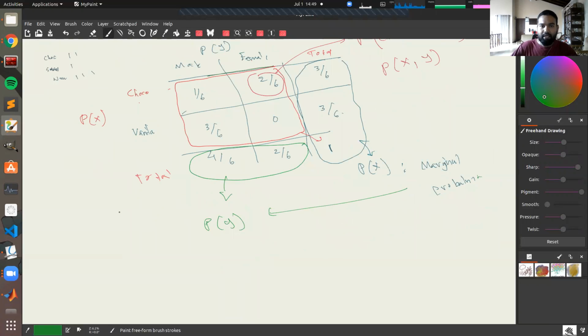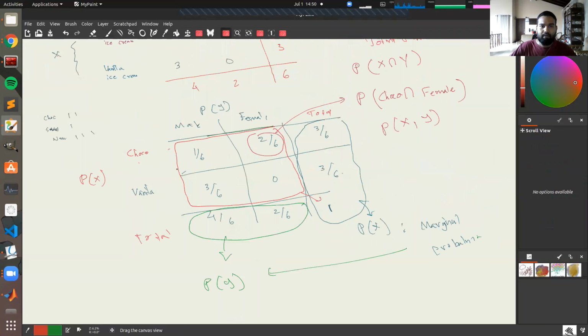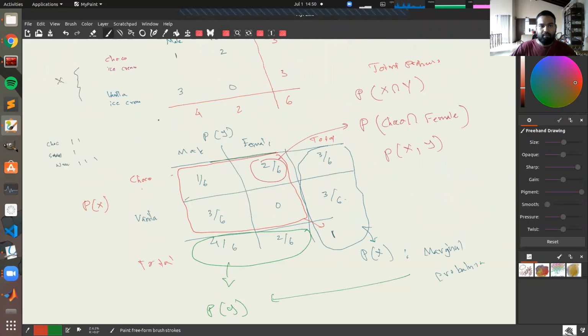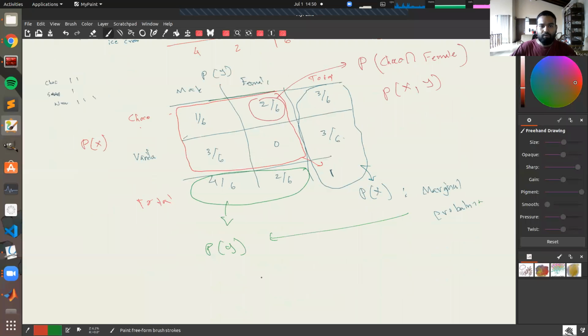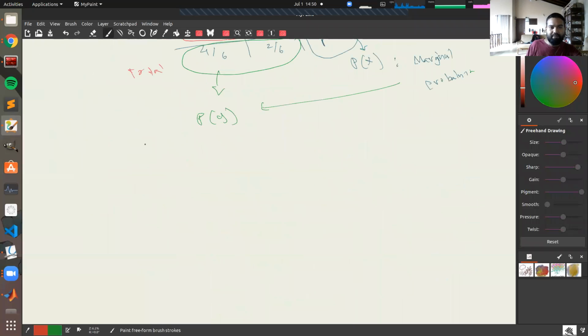So here we can also talk about something called conditional probability. This is joint probability, and it's basically what you need to know about it. Now we'll talk about conditional probability, using the same example.